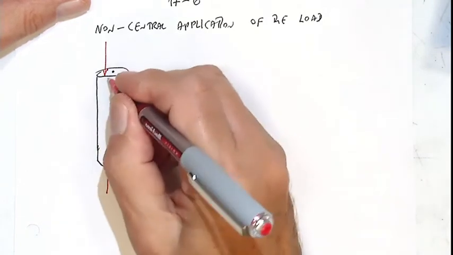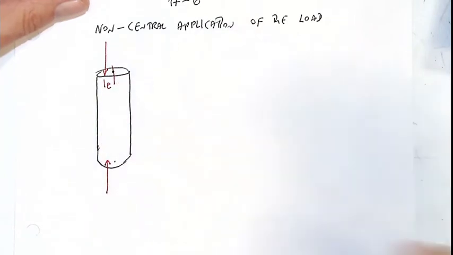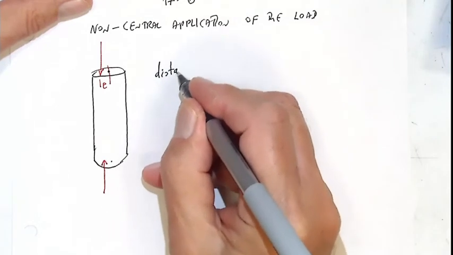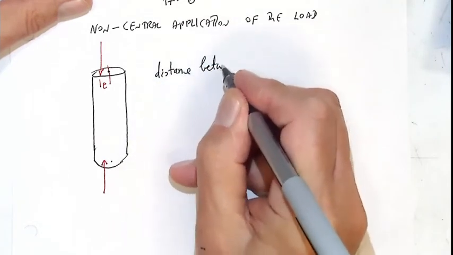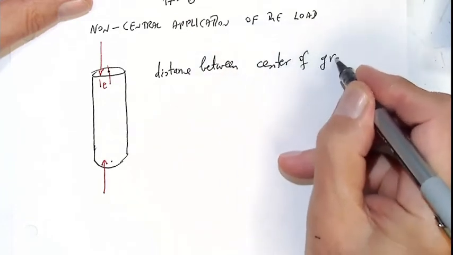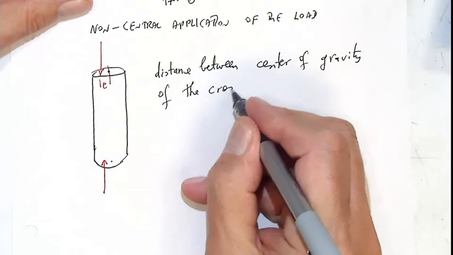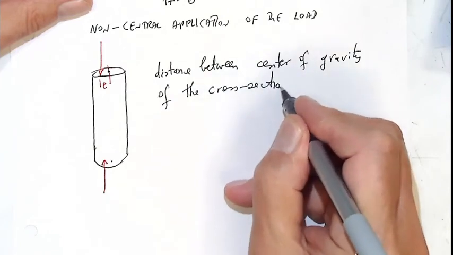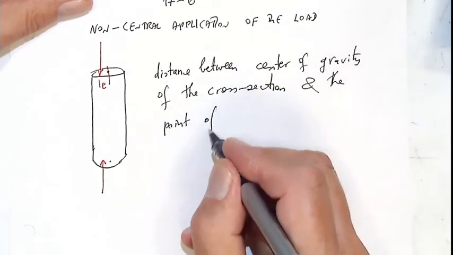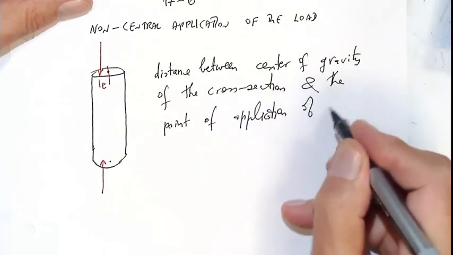So there is some distance, e, between the center of gravity of the cross section and the point of application of the load.